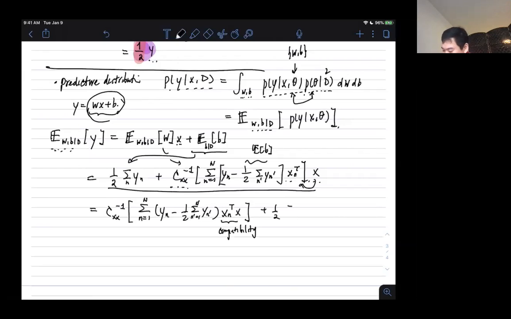So what it means is that we are going to look at the examples where the input is very, very similar to the new input, and then we're going to use the value as much as we can. That's where the compatibility comes in.